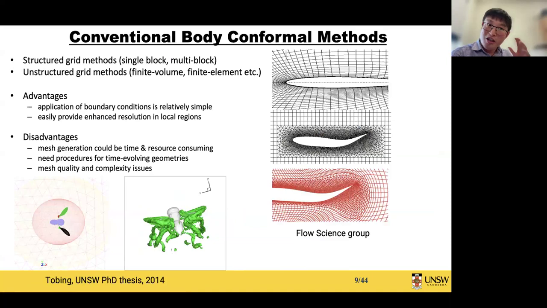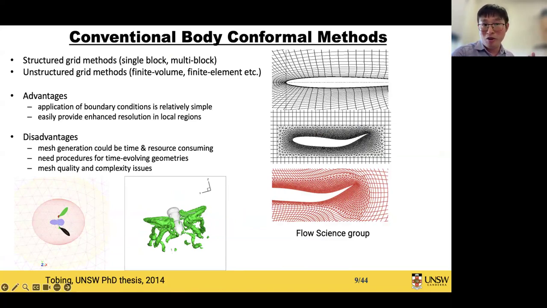On the other hand, the conventional methods are based on body conformal meshes. For such methods, the mesh can be structured or unstructured, or sometimes hybrid, like this one, structured mesh with unstructured mesh.